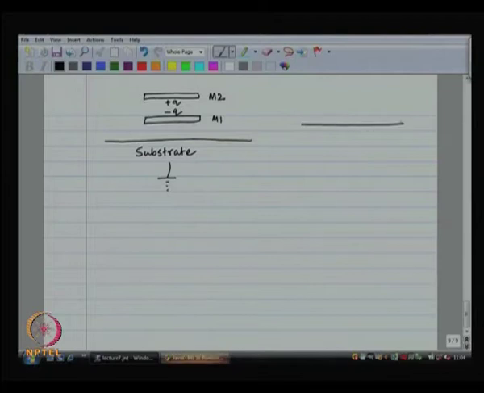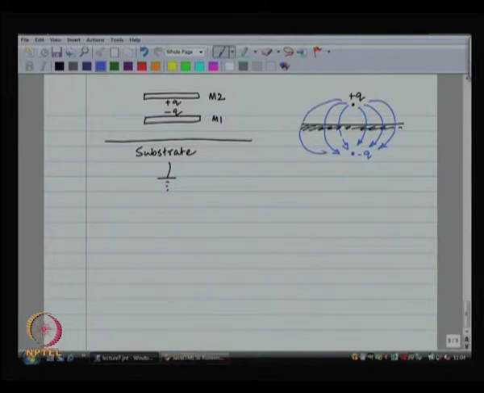You have a surface, you put a point charge plus q, it is going to appear as if there is a reflection charge of minus q somewhere over there, and as a result there are going to be field lines between these two charges.